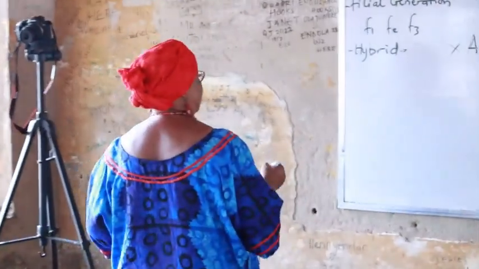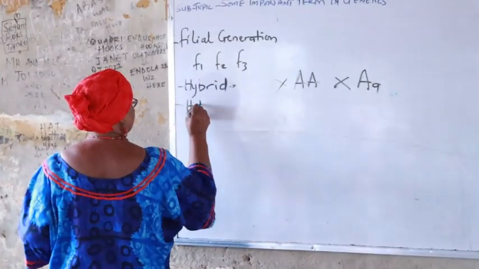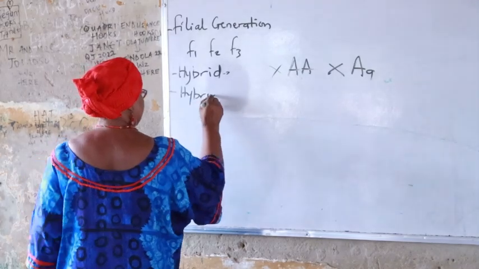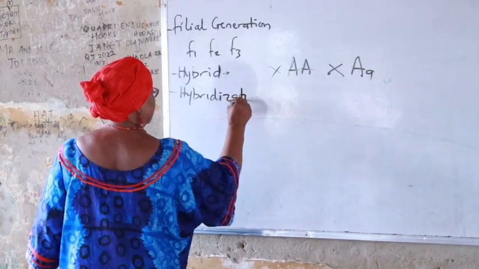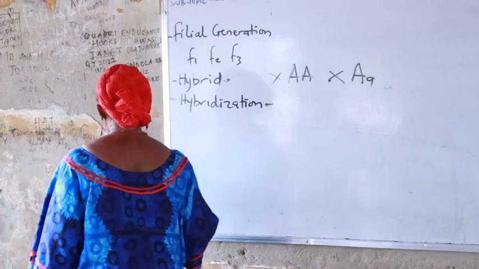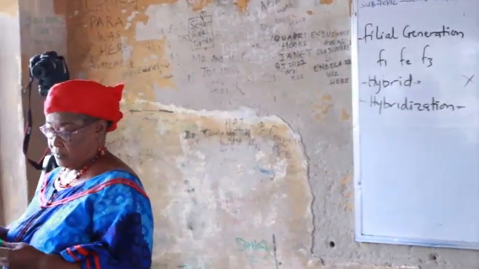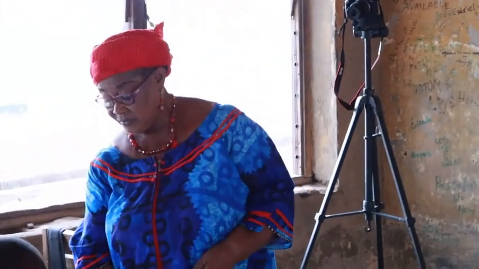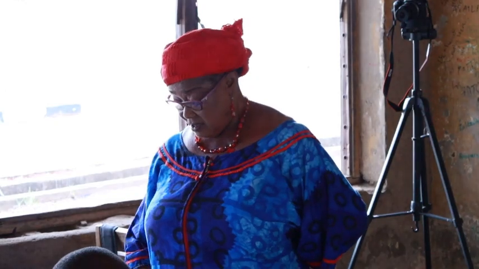Then the next is hybridization. Hybridization is a crossing of two pure contrasting characters. The crossing of two pure, P-U-R-E, contrasting characters.